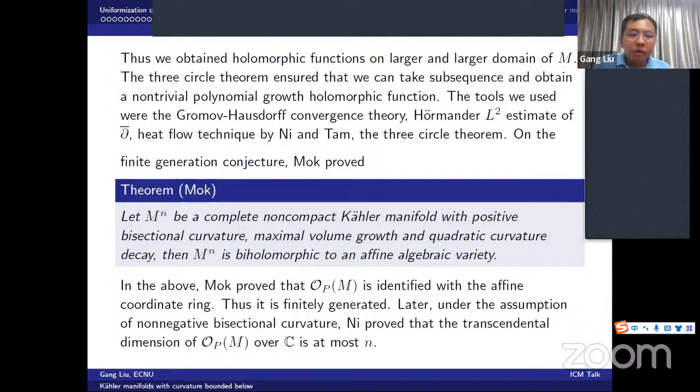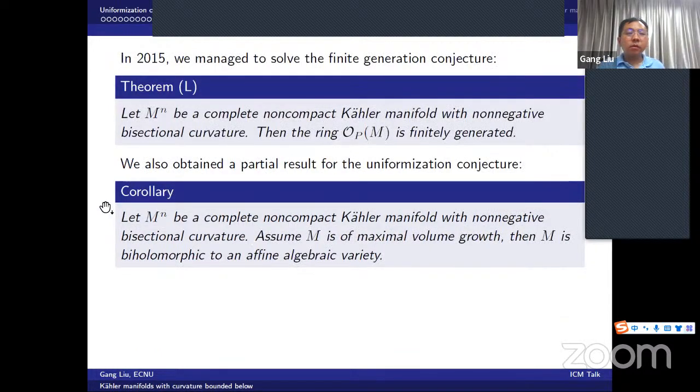Later, under the assumption of non-negative bisectional curvature, Ni proved that the transcendence degree of O_P(M) over C is at most n. A few years ago, we managed to solve the finite generation conjecture.